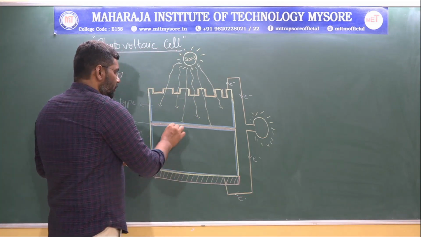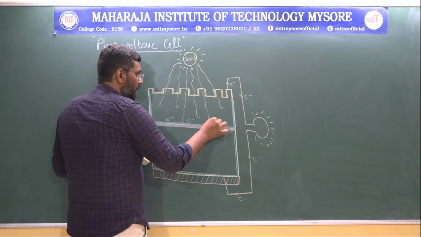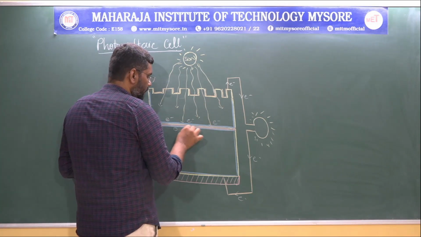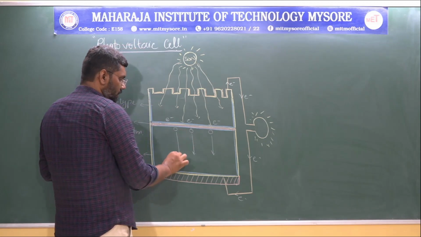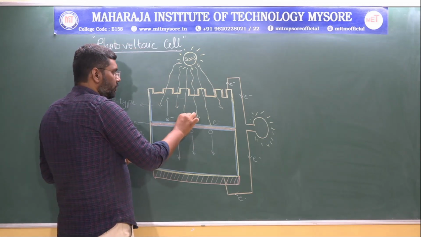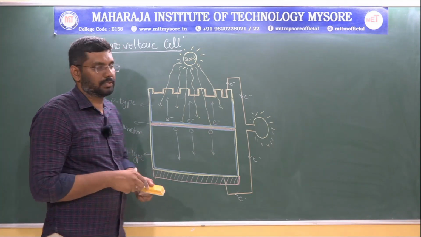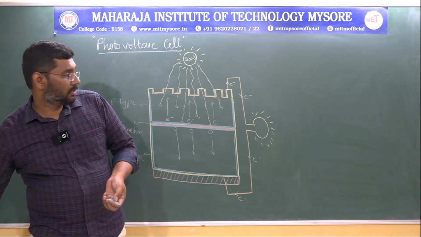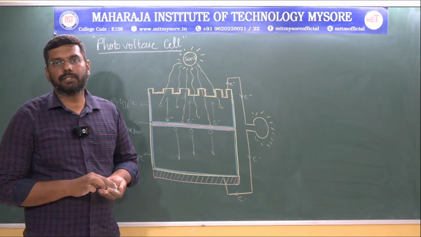Okay, so here electron and hole pairs will be created, and holes will migrate towards the n-type and electrons will migrate towards the p-type semiconductors. Okay, so this represents a simple construction of PV cells.